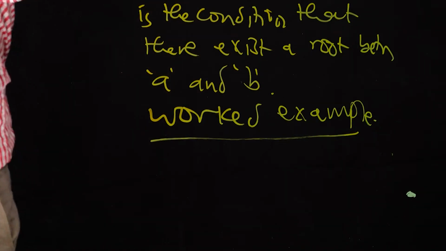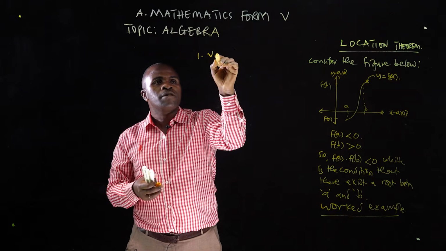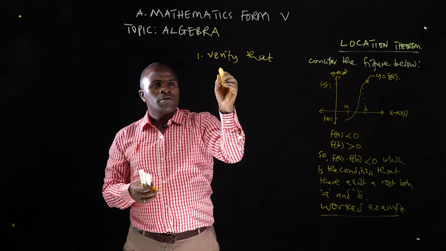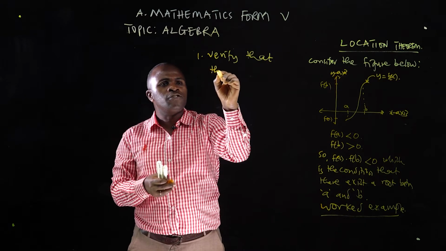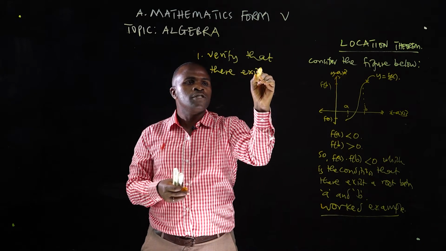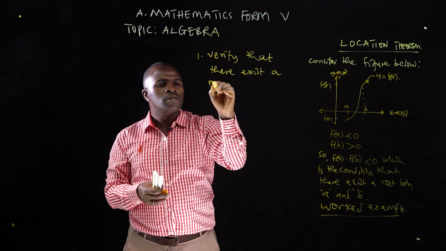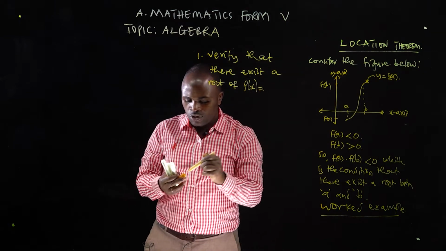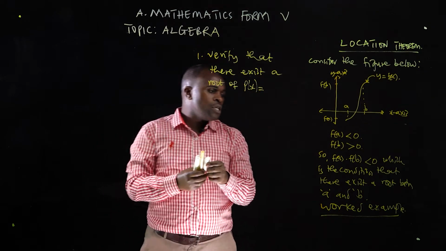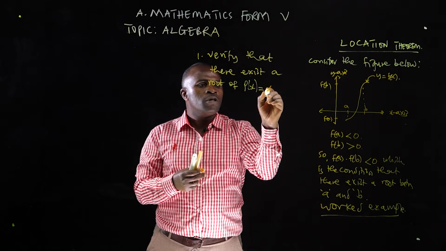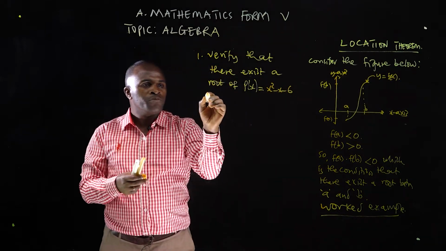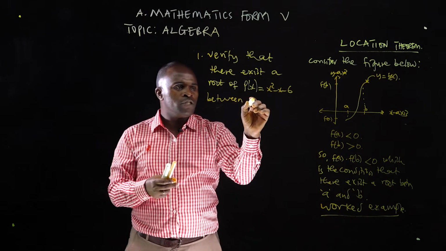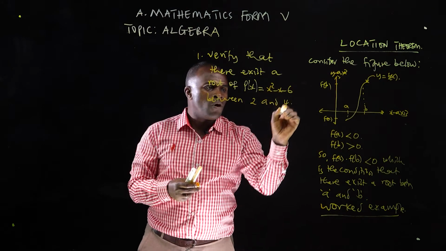One can say, verify that there exists a root of p of x equals x squared minus x minus 6 between 2 and 4.